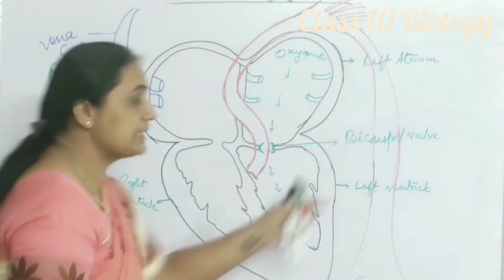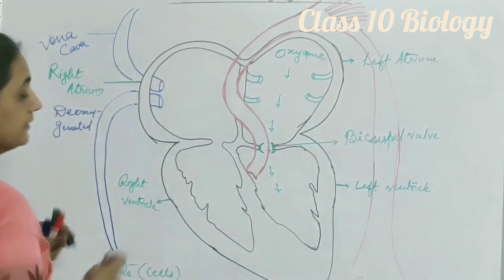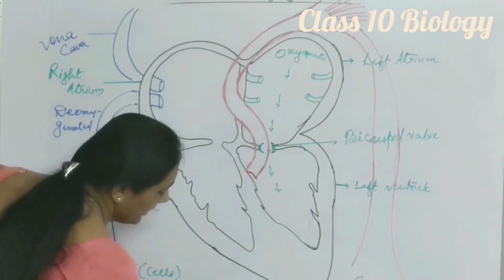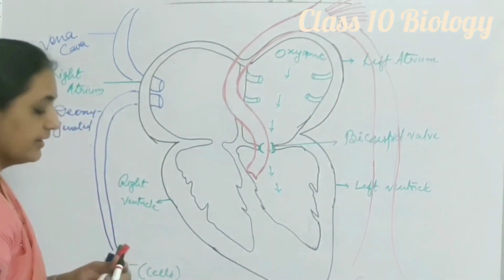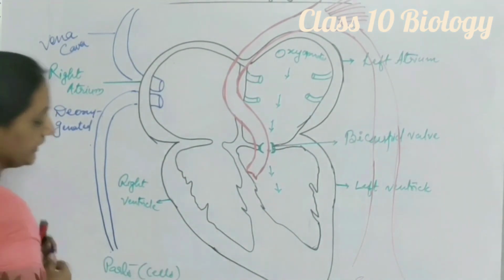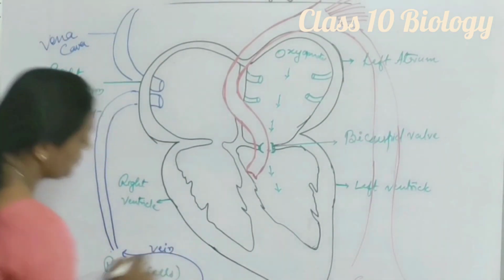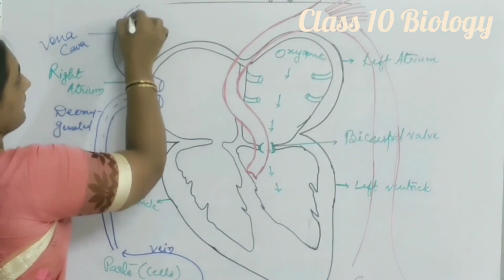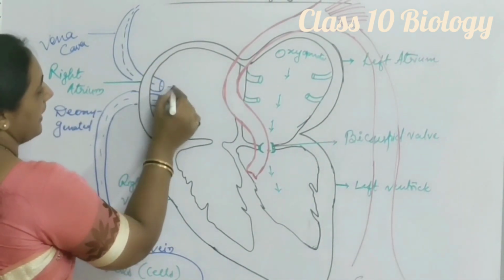All the cells utilize oxygen for the process of respiration, and now the blood becomes deoxygenated. This deoxygenated blood is collected by veins. Veins open into the biggest vein, called the vena cava. Now this deoxygenated blood, through the vena cava from the upper and lower parts of the body, opens into the right atrium.